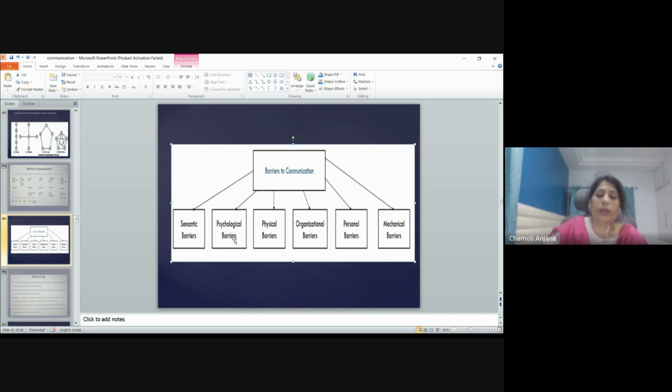All those things come under psychological barriers. Generally we say, when a person is very sad or very happy, he should not take any decisions, because he is dominated by those emotions. So his sense of receiving and giving messages will not be apt at a high level of emotional state.